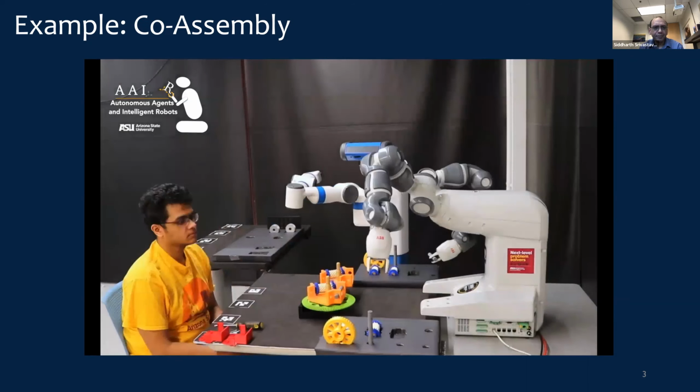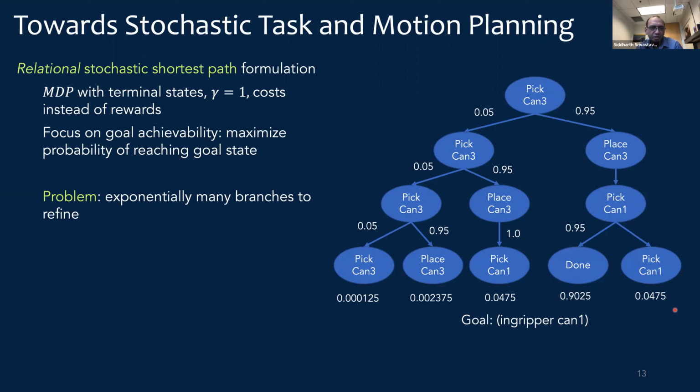So what most task and motion planners do in these settings is one of two things: either compute the whole policy, which can take a really long time, and so it turned out to be impractical for most real world situations, or take the most likely action or the most likely outcome of each action and plan for just that most likely sequence of outcomes. And these are both extremes, of course, so we wanted to see if there's a middle path here.